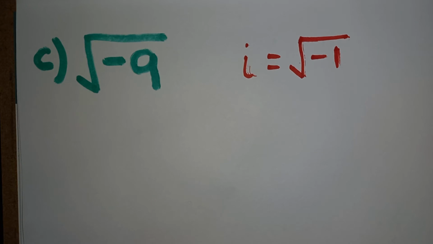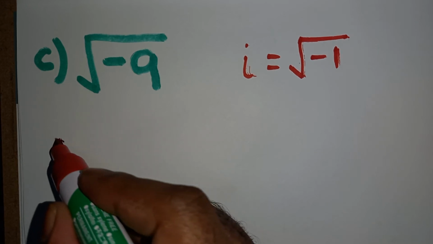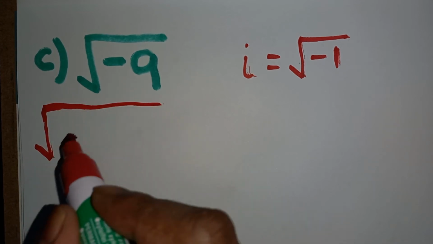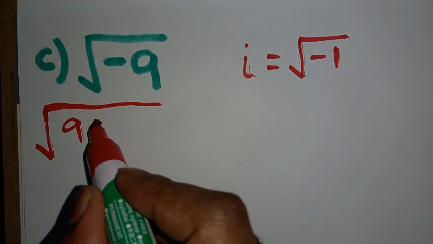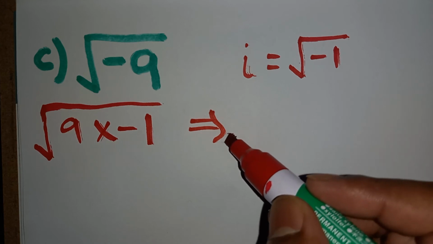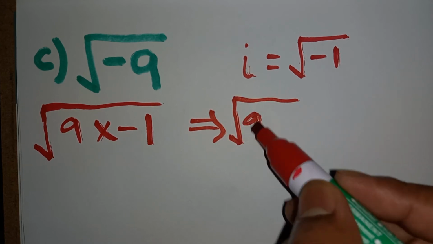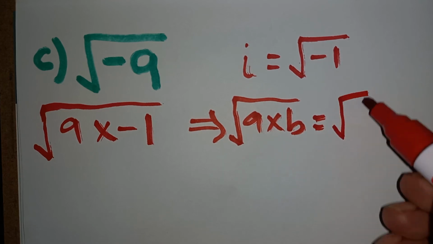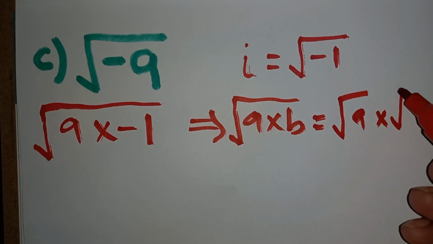Square root of negative 9 can be written as the square root of 9 times negative 1. Applying the rules of surds, root of a times b is the same as root of a times root of b.